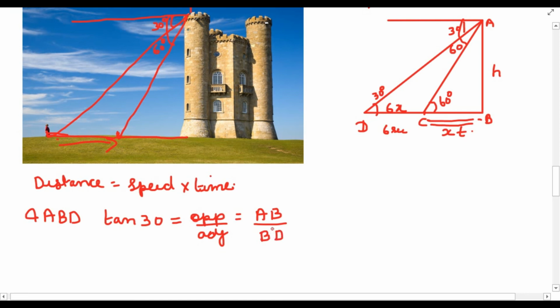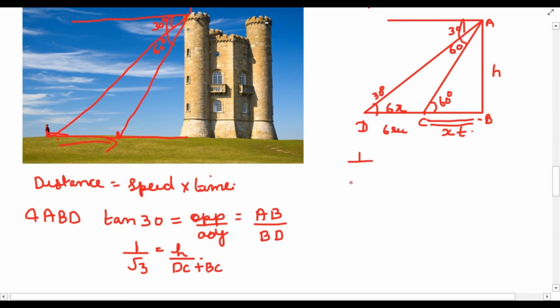Now we will substitute the values. The value of tan 30 is 1 by root 3, and AB we know it is h, and BD is nothing but DC plus BC.